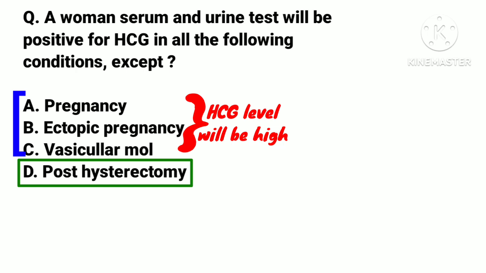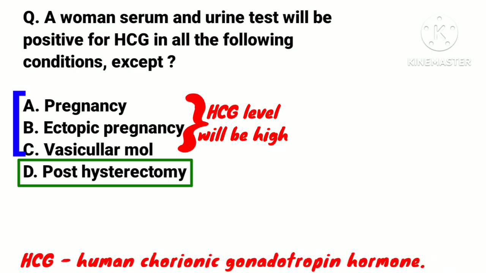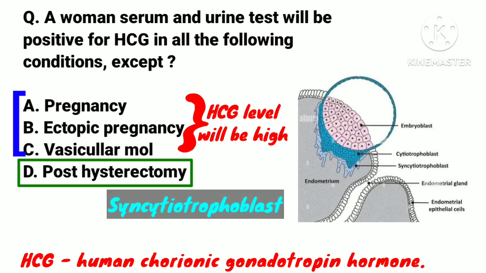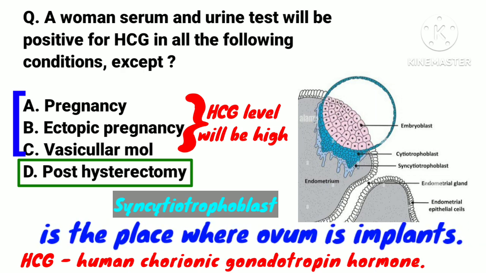So post-hysterectomy situations never cause production of HCG or any hormones. HCG means human chorionic gonadotropin hormone and it is secreted by the syncytiotrophoblast. Syncytiotrophoblast is the place in the uterus where the fertilized ovum is implanted. Syncytiotrophoblast secretes HCG hormone.